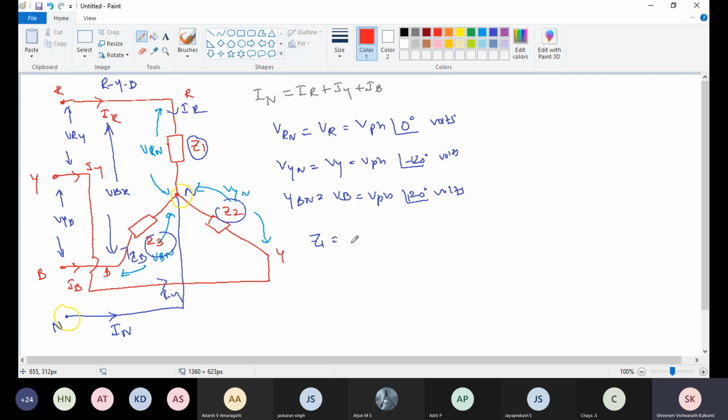Z1 equals VRN divided by IR. We know VRN is V phase at an angle of 0 degrees, divided by IR.